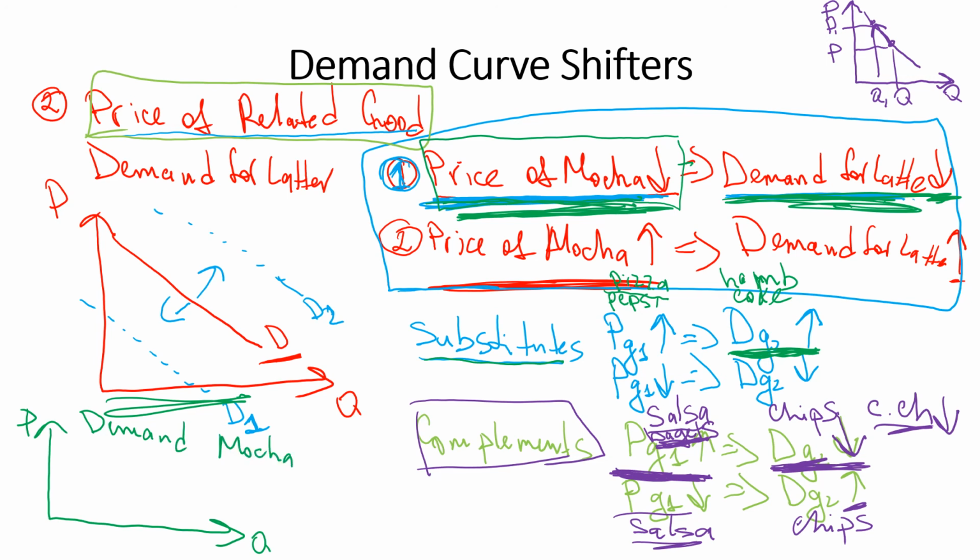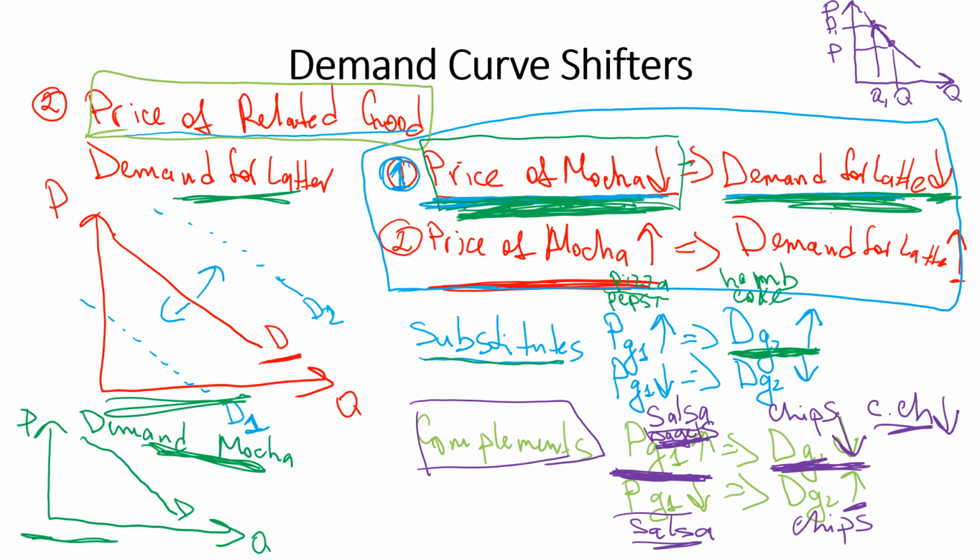Tell me, when the price of Mocha is changing, how is that going to be represented on this demand curve? We said that demand for latte is shifting. But when the price of Mocha has changed, what is going to happen with the demand for Mocha? A lot of students are saying demand for Mocha is going to shift up and to the right.